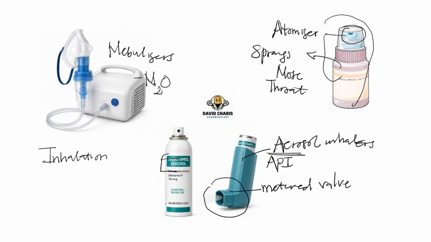And we can see that here it says 200 metered dose. You have to shake well before you use. So these aerosol inhalers enable drugs to be given to the respiratory tract in the appropriate dosage form, released through a metered valve. And that is all for the dosage forms of drug. Though we have other dosage forms, these are just the most important and most common ones you need to know in pharmacology.